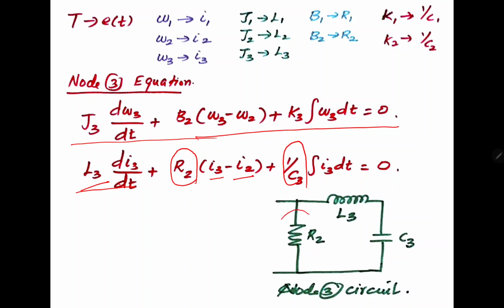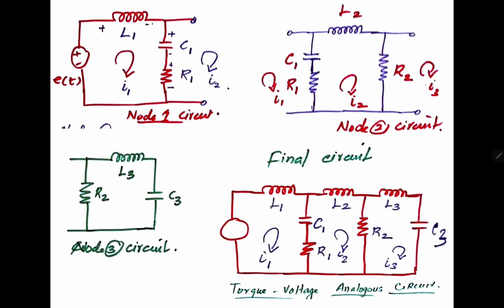So a resistor which is common to loop 2 and loop 3, and an inductor in series with a capacitor is connected. Now we have three circuits derived from node 1, node 2 and node 3.